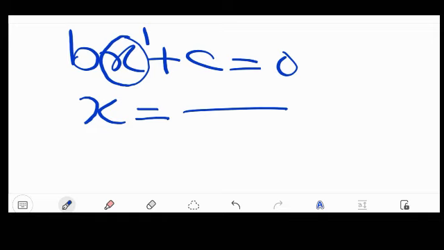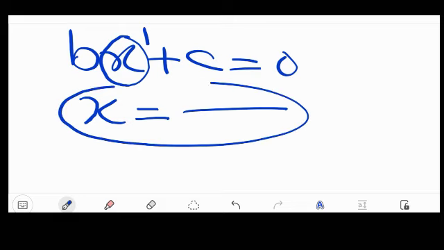Whatever this x is equal to, maybe positive integer, maybe negative integer, and maybe just a fraction, or maybe 0, it must be 1. We cannot say that x has two values. X will always have only one solution, only one value will be there, because it is a linear equation.